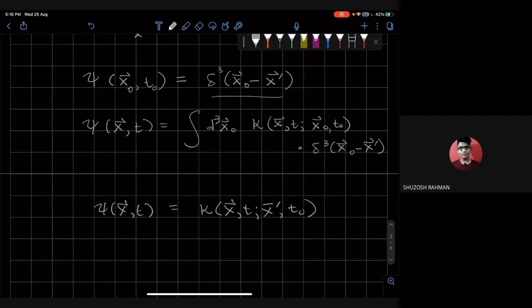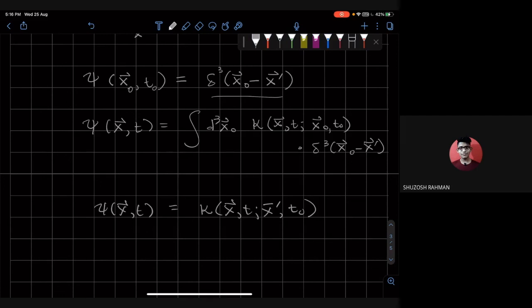Any questions? Sir, what's the difference between dx naught and x prime? Are they the same thing? I don't think so. But well, x naught is a variable. The x prime is a particular value of that variable. Oh, okay, got it. I was getting confused with all the notations, like x, then x prime, x naught.